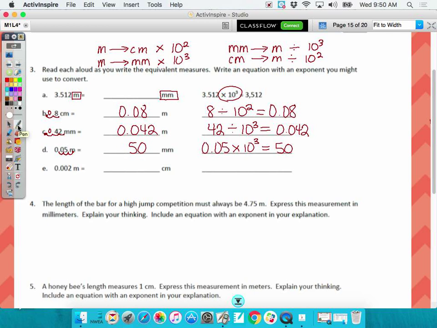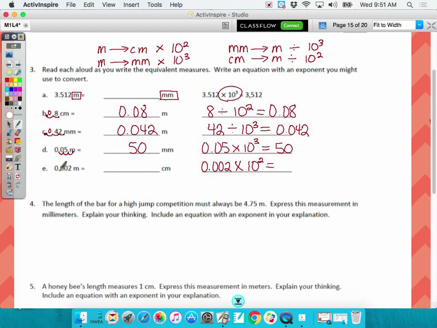Okay, last one. And then I'm going to have you do your exit ticket. Fernando. I'm going from meters to centimeters. Multiply or divide? Divide. Meters. Oh, multiply. You have to double check. Multiply by what? By 10 to the 2nd.